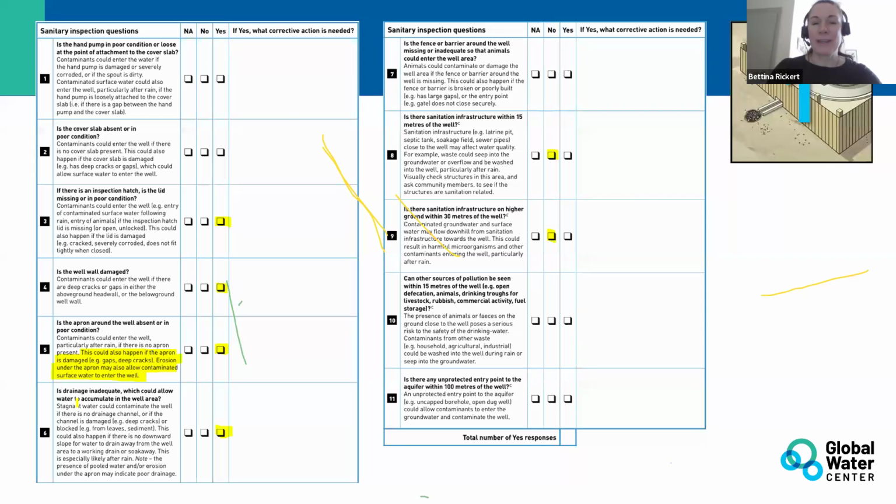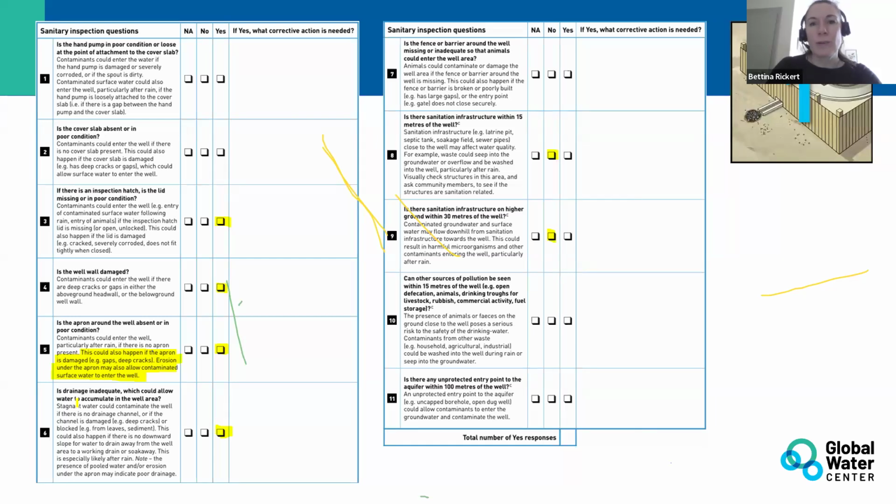Yes. If you put yes for a risk factor and then it turns out it isn't, then what could happen is that you use resources to repair something that does not necessarily need to be repaired. However, if you take no and it actually is a risk factor, then you miss the opportunity to take action to remediate that.